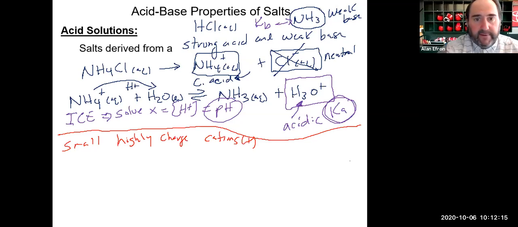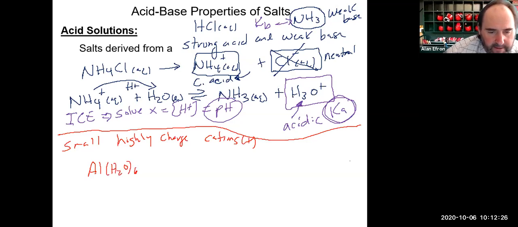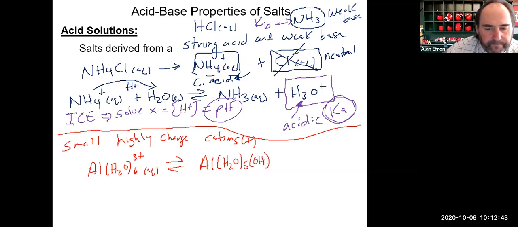So for example, if we had aluminum basically surrounded by water, when this is in water, what's going to happen is we will produce something like this.